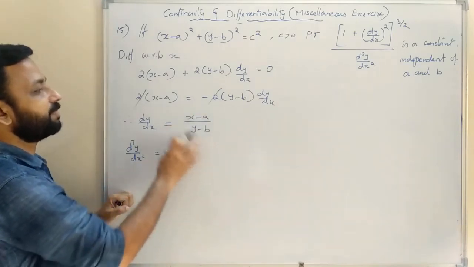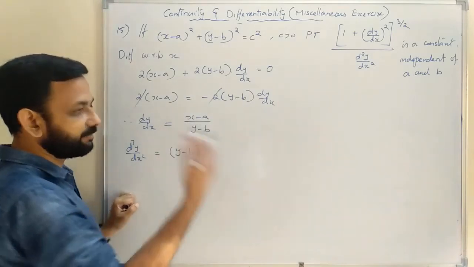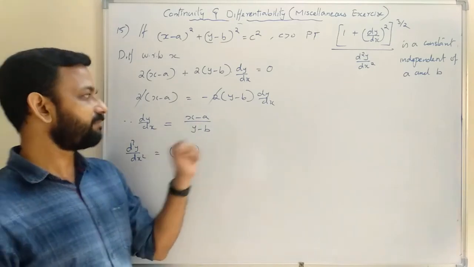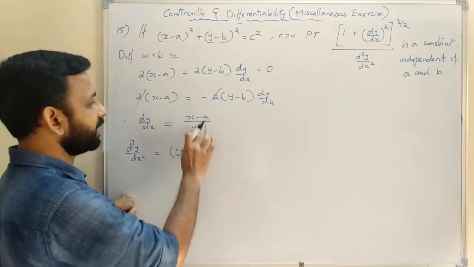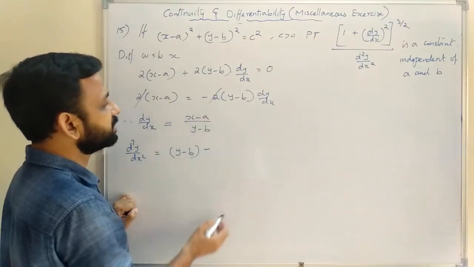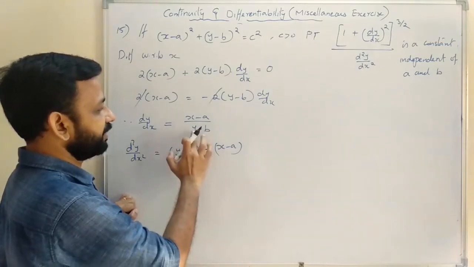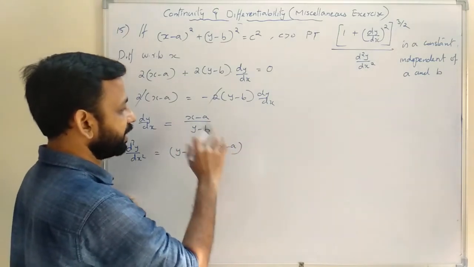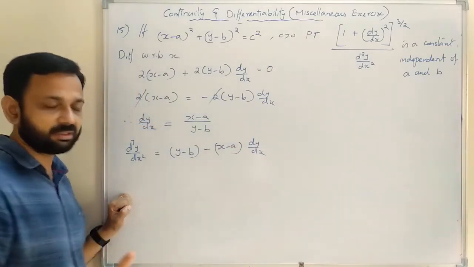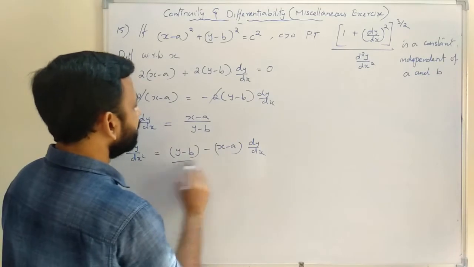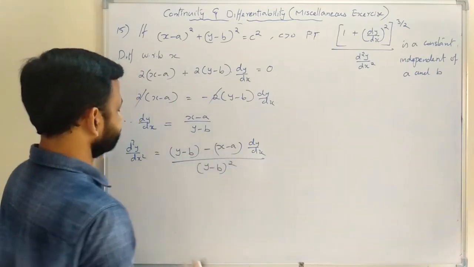So here we have to apply the quotient rule. Denominator into derivative of numerator. The derivative of x minus a is 1 minus 0, that is 1 only. Denominator into derivative of numerator minus numerator into derivative of denominator. The derivative of y minus b: the derivative of y is dy by dx, minus the derivative of b, 0, divided by the square of the denominator, that is (y minus b) whole square.